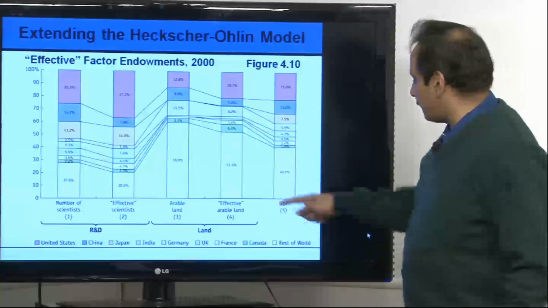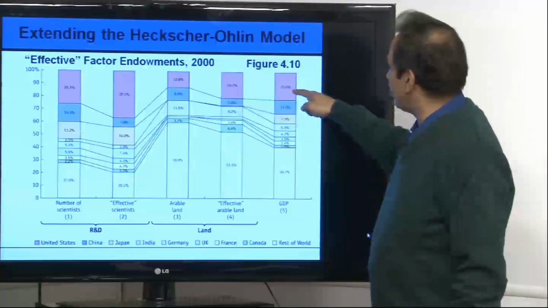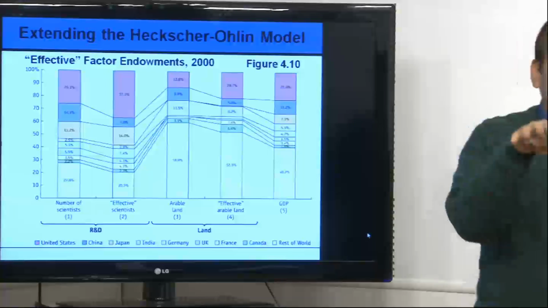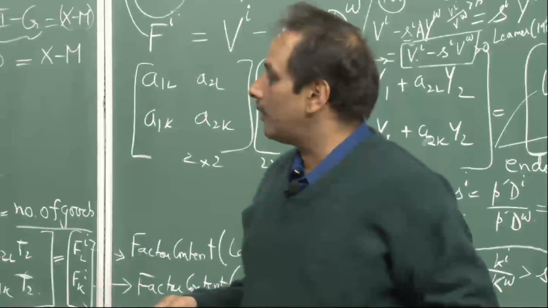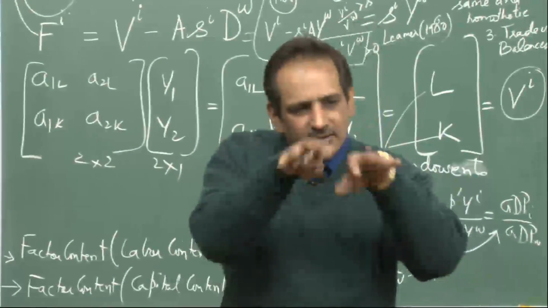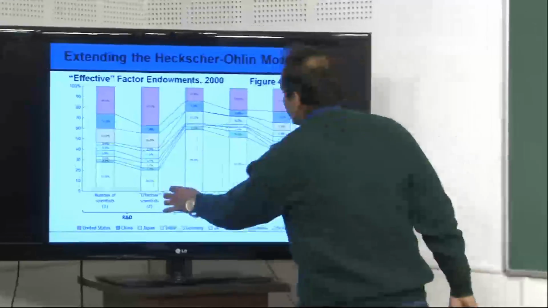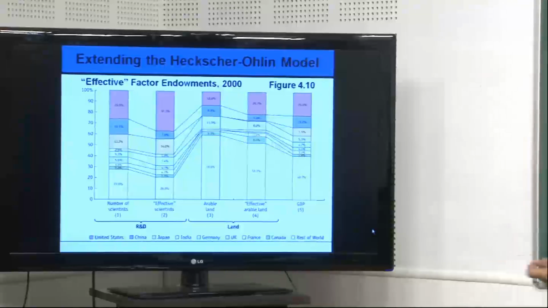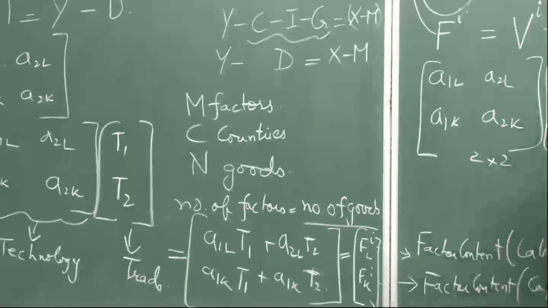And if you look at the effective arable land, for the US it works out to be 20.7 and its GDP share is 21.6. So, it is more or less the same. You cannot say that the US is land rich or land scarce; it is more or less equal. But for China, it is true that its effective scientists are less than its GDP share. So, China is scarce in effective scientists.